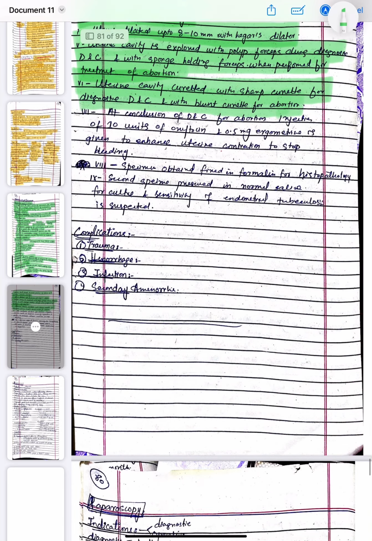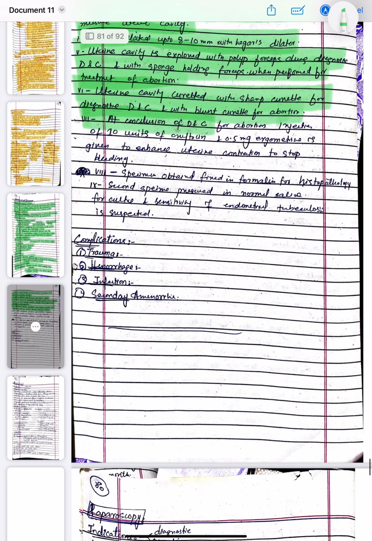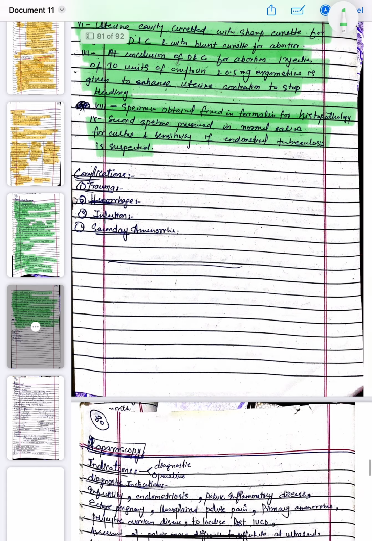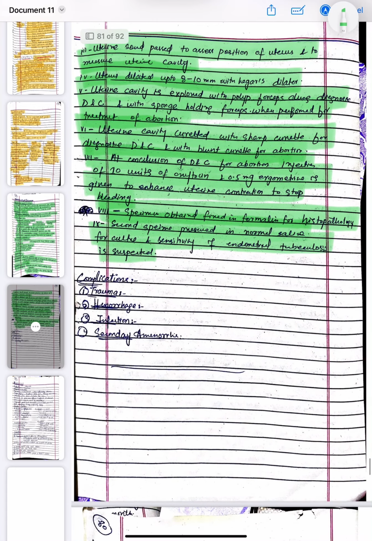Now, at conclusion of D&C for abortion, an injection of 10 units of oxytocin and 0.5 mg ergometrine is given to enhance the uterine contraction to stop bleeding. Then the specimen is obtained, which is fixed in formalin for histopathology, and a second specimen is preserved in normal saline for culture and sensitivity if endometrial tuberculosis is suspected. The complications of dilatation and curettage are trauma, hemorrhage, infection, and secondary amenorrhea.